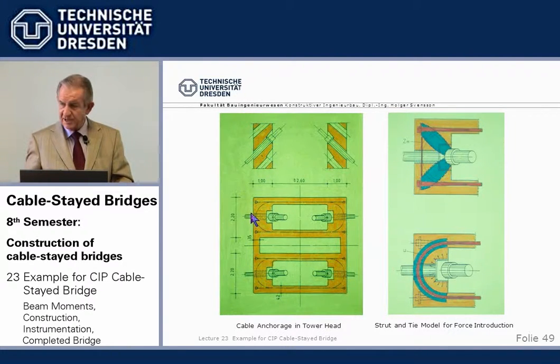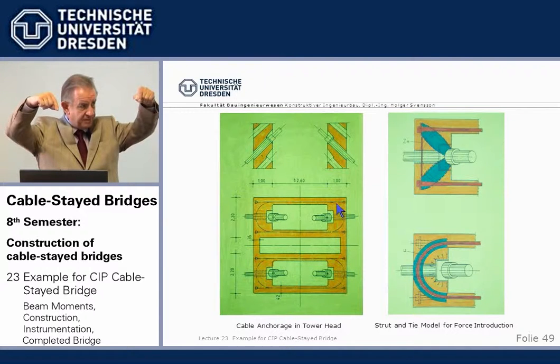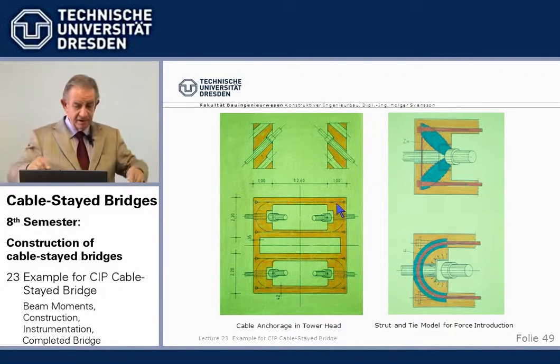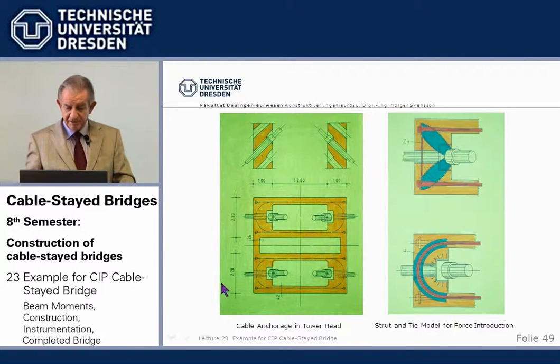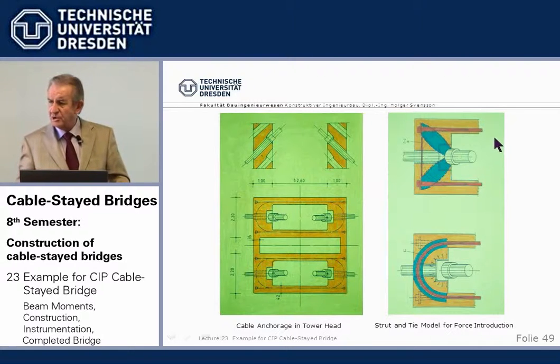So how to take the cable forces: the horizontal components we take with loop tendons, overlapping loop tendons, and the vertical force is inserted by itself, so to say, into the concrete. Now, how do we get the cable force into these loops? We use a strut and tie model, Fachwerkmodell.